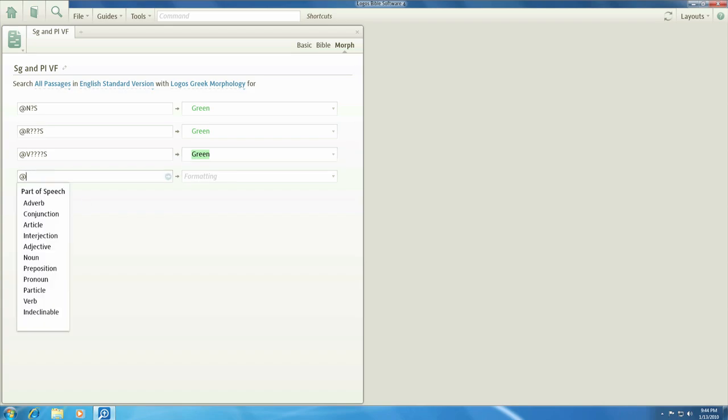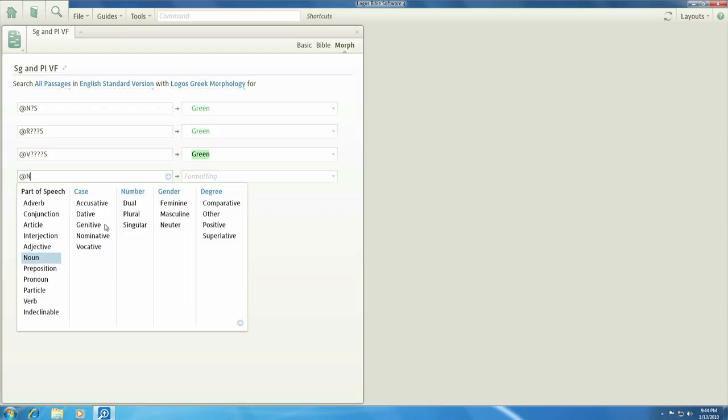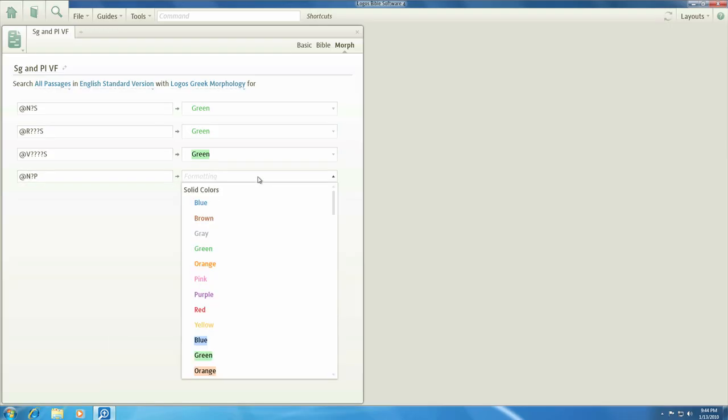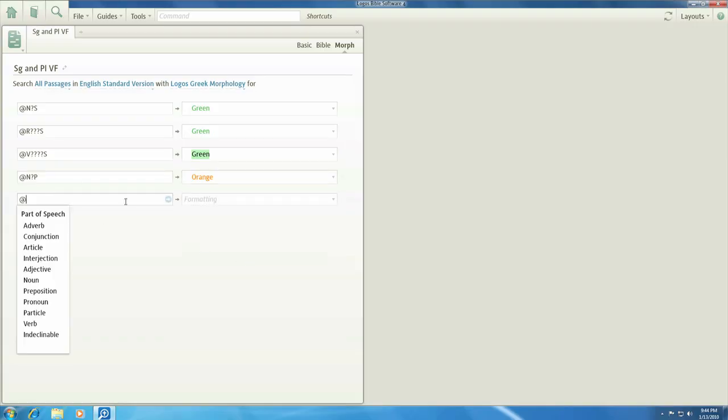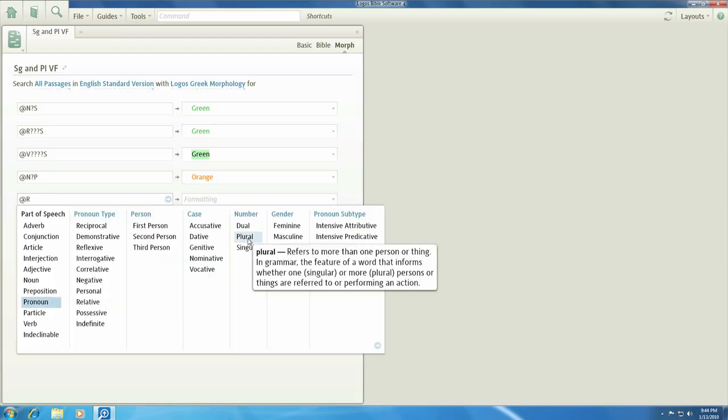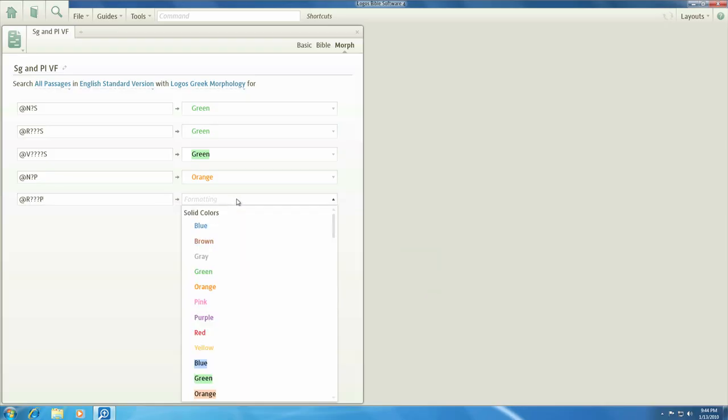And now let's do the same thing but with plural. So noun, plural. In this case, let's make them orange letters. And we'll do the same thing for pronouns. Plural and pick orange.